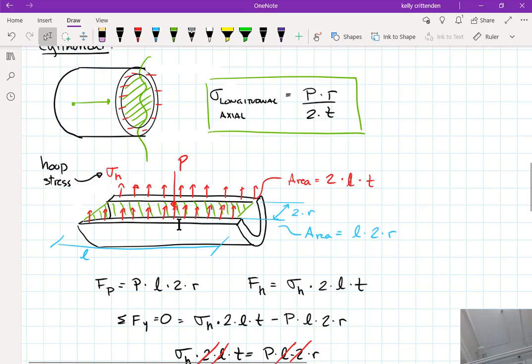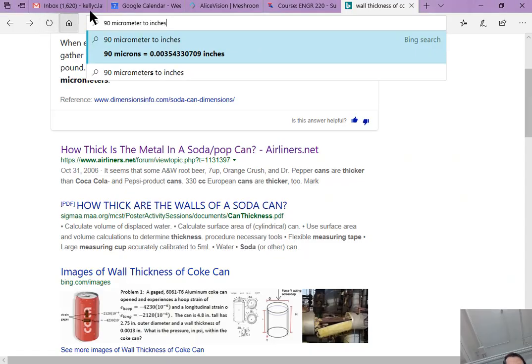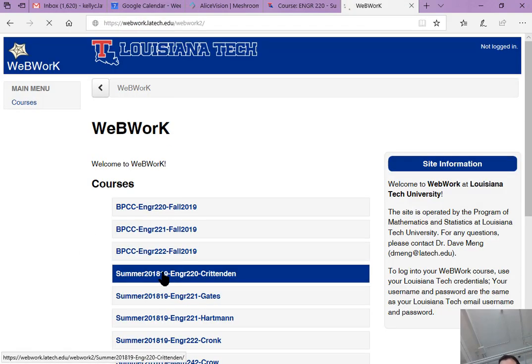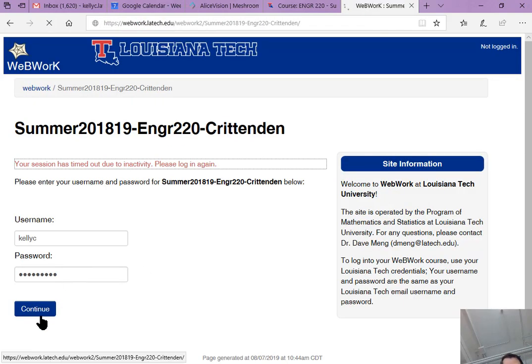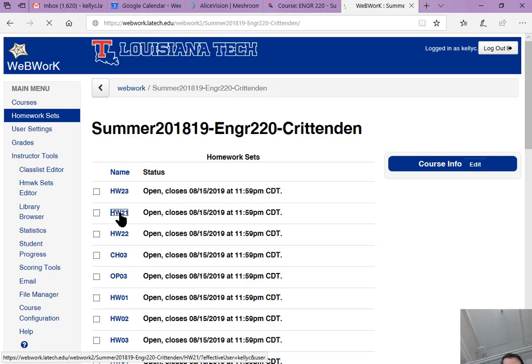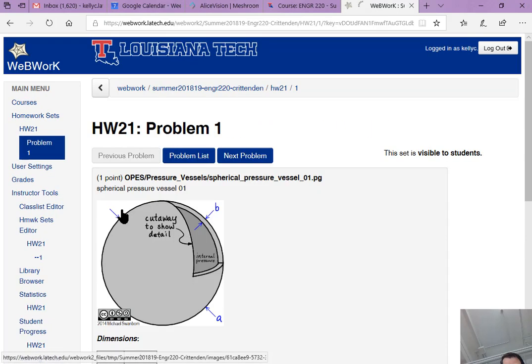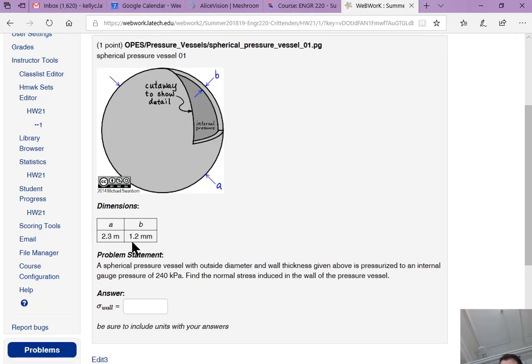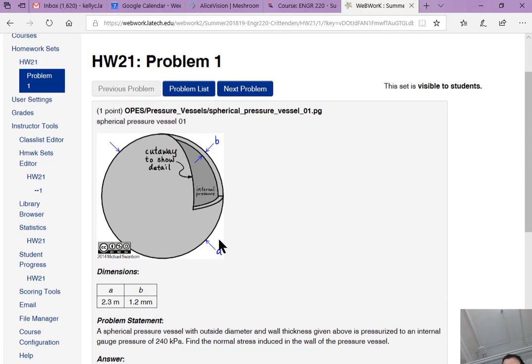You've got a couple of them in WebWork, I'm sure. Let's see if I can find WebWork. I don't know which homework set they are. They're near the end. There's one. So that's basically what we just did, except they gave you B. So this one is just calculating the stress.